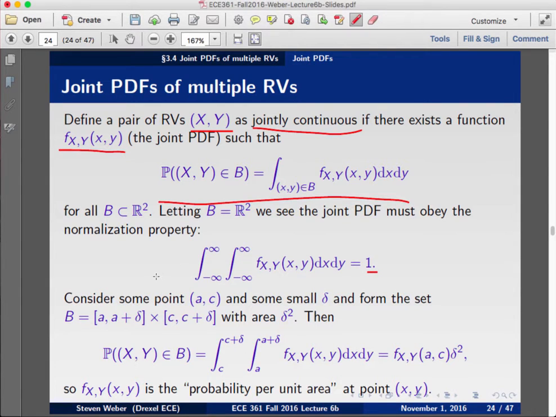And finally, to extend this notion of PDF as probability per unit length, the corresponding notion now is probability per unit area.